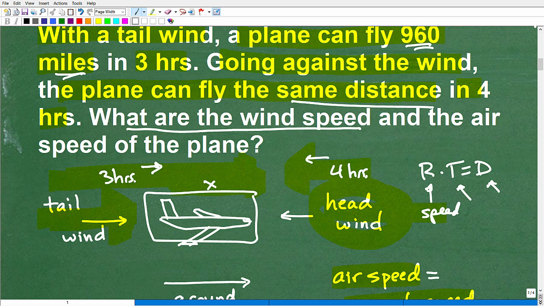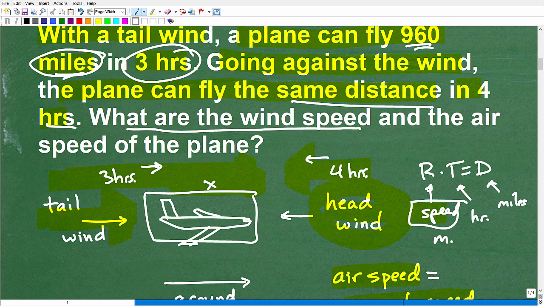One thing we want to be careful about is that our distance is measured in miles, and our time has been given to us in hours. So our speed is going to be miles per hour, because I'm dealing with miles and hours. You have to be careful with the units of measure.